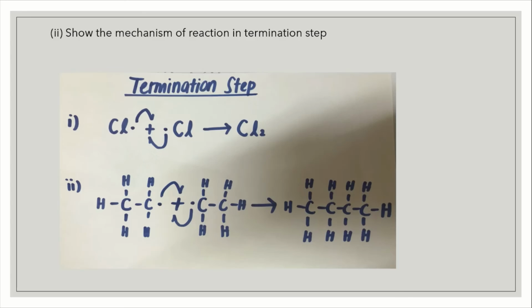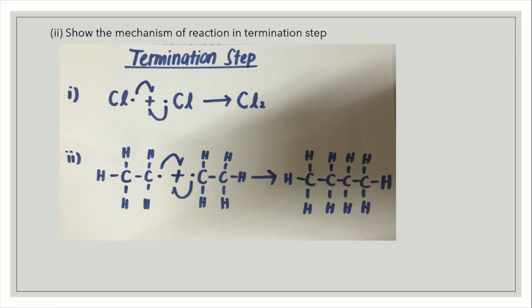So Roman 2, they want us to show the mechanism of reaction in the termination step. So we know we have 3 steps in termination. Termination step is basically when you stop the reaction, when you stop all of the free radical reaction. So you combine the free radicals together in order for us to stop the process.